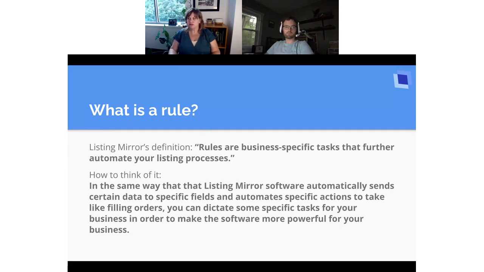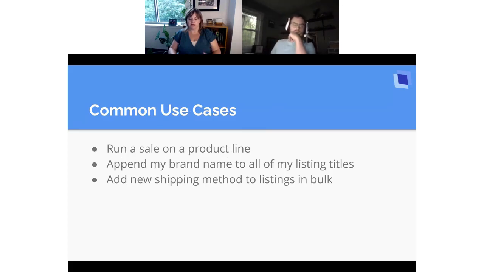Here are a couple of examples just to get your mind thinking about how we could use rules. These are just some examples I came up with. It's not an extensive list, but maybe you want to run a sale on a product line. So you could set a price reduction to run on a certain set of SKUs.